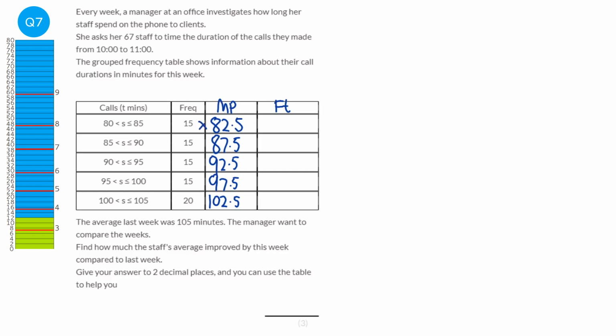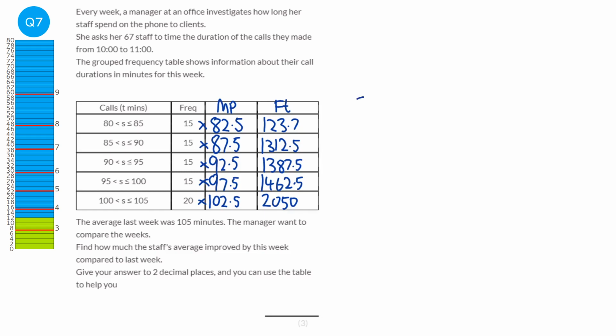So we're going to do 15 times that, which will be 1237.5, and we're just going to keep going and multiplying each of these together, and then finally 2050.